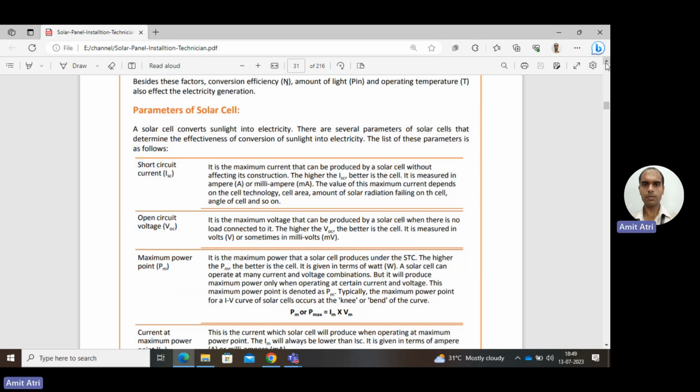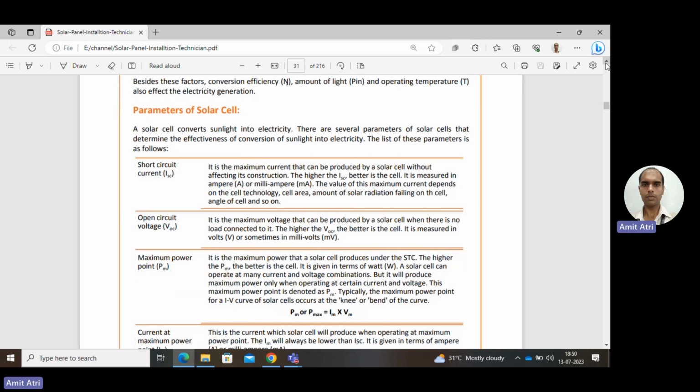The value of this maximum current depends on the cell technology, cell area, amount of solar radiation falling on the cell, and angle of the cell. So all of the factors which we have seen above affect the short circuit current. Next, open circuit voltage.